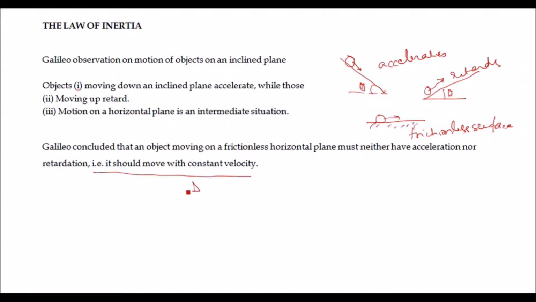So it was the important concept which is a deviation from the Aristotle fallacy, that an object which is moving on the frictionless horizontal plane, having no opposing forces, moves with a constant velocity.